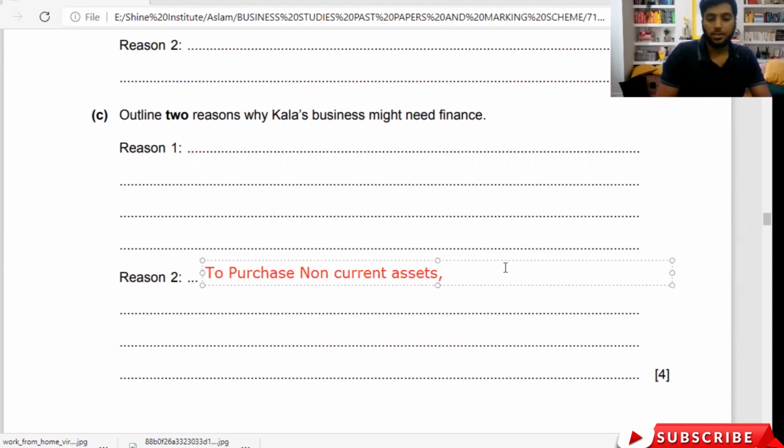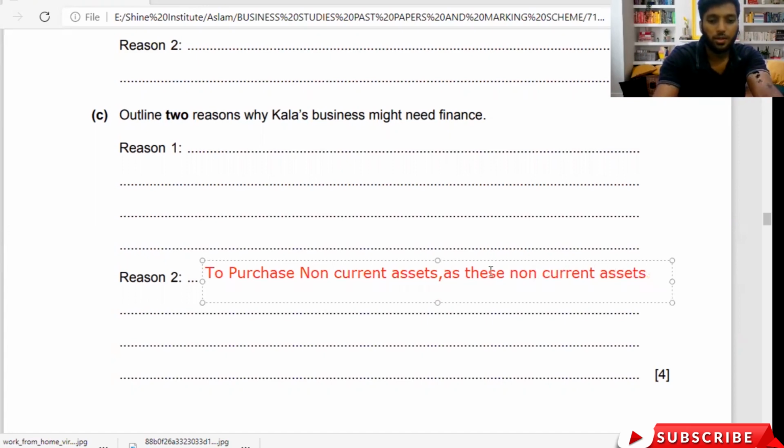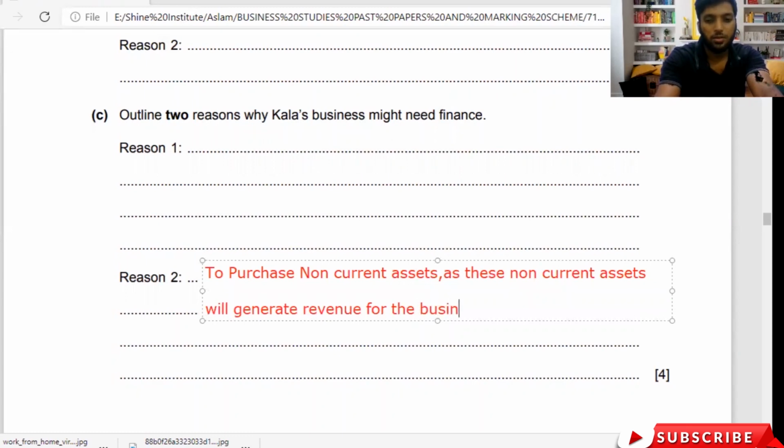To purchase non-current assets, so this I have given you. By purchasing non-current assets, what will happen? I can write it down: to purchase non-current assets, as these non-current assets will generate revenue for the business in the short and long term.